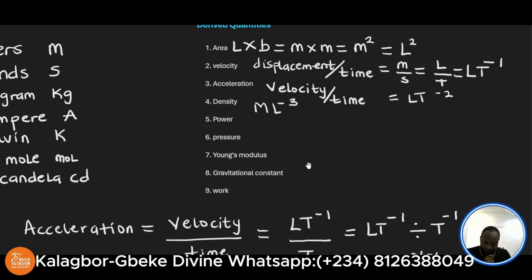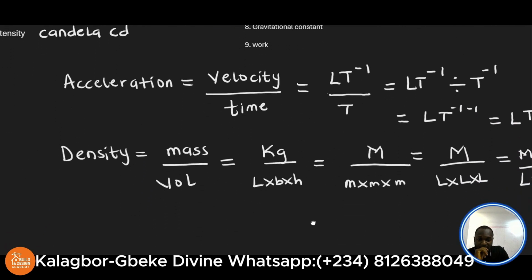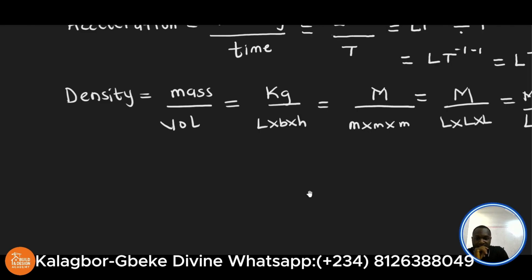Next up, we have power. Power is the same thing as mass times acceleration times distance, because power is equal to work done over time taken. And work done is force times distance, right? Let me write it here.